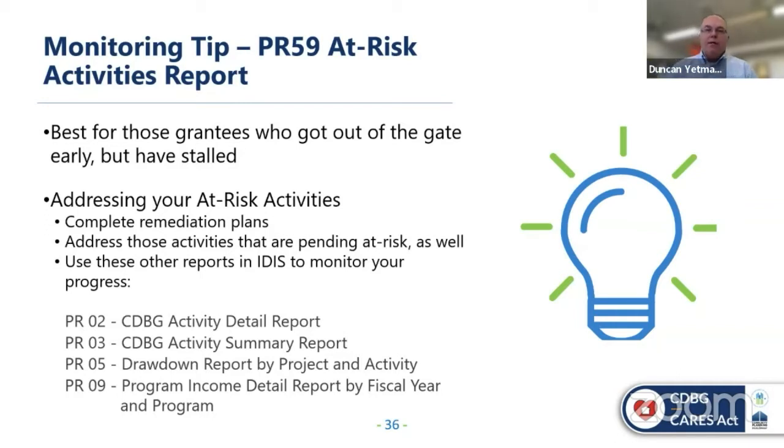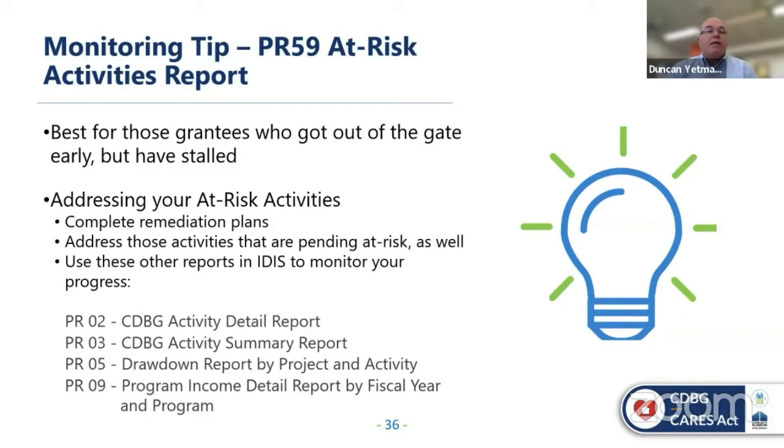You haven't really carried out the grant as quickly as you would have liked, and some activities have stalled for one reason or another. So download this report, see where those activities are, and address them. Complete the remediation plans. Address even those activities that are pending at risk.